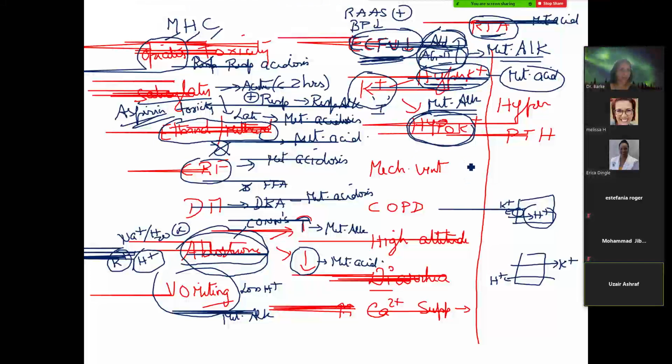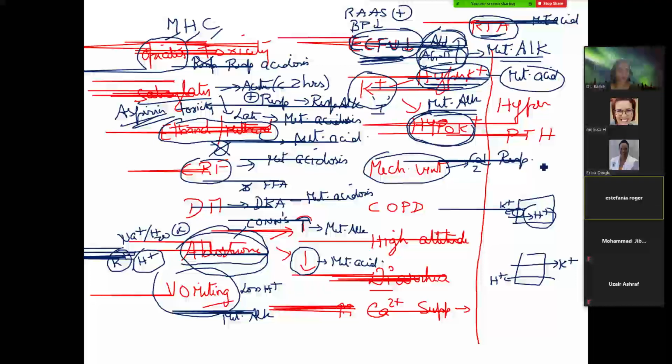Okay. Mechanical ventilation. What's going to happen? In mechanical ventilation, we are giving high pressure oxygen to the patient. More and more oxygen is getting into the lungs under high pressure. So obviously what should happen to CO2? Decrease. So what will that give rise to? Respiratory alkalosis.